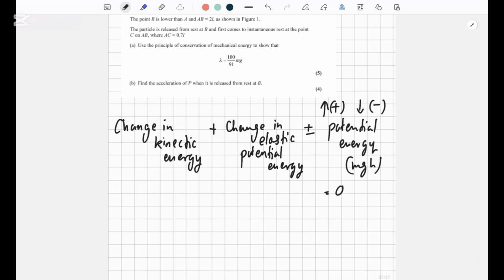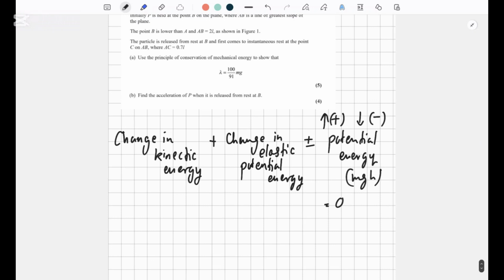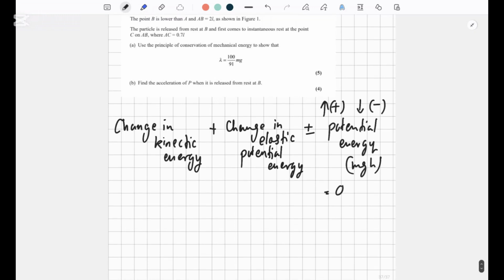So change in kinetic energy is 0, right? Because it was released from rest, and they say it first comes to instantaneous rest at point C. So we don't have to care about kinetic energy. That's 0. Plus elastic potential energy, which is lambda x squared over 2L, and it's going to be a change. So you can write delta.